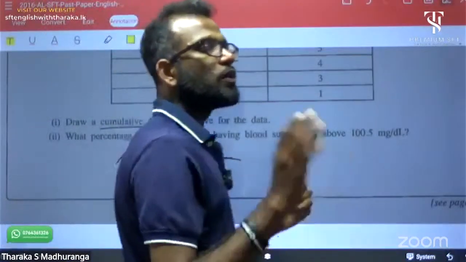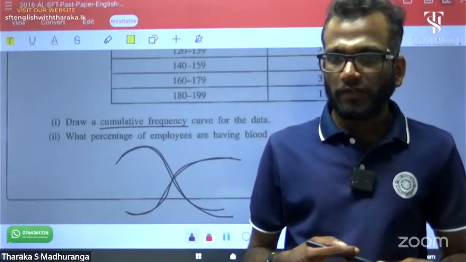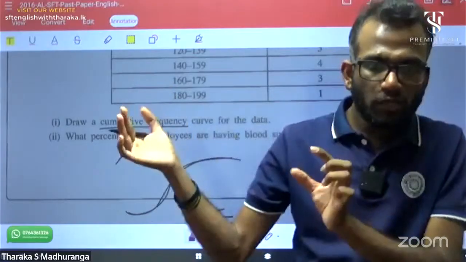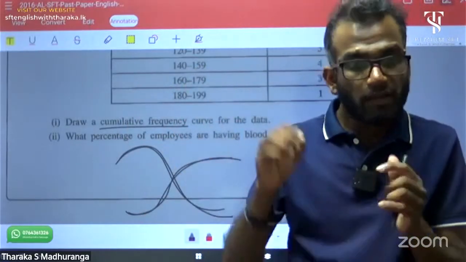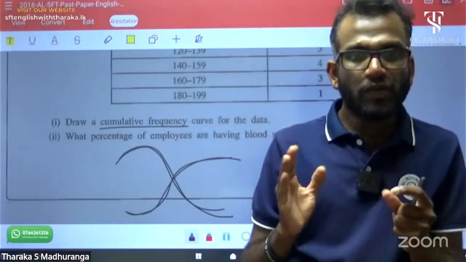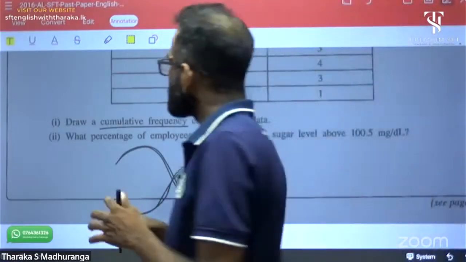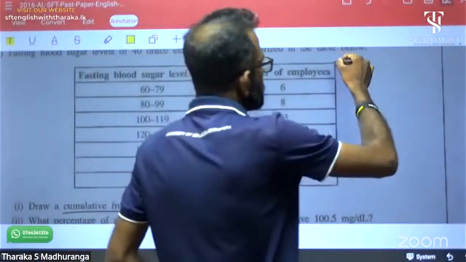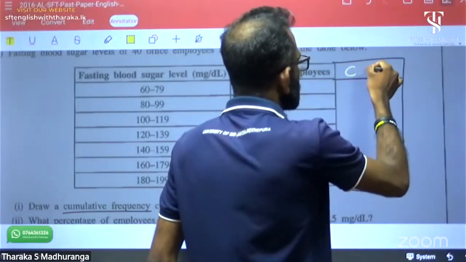Always you have to draw the less than cumulative frequency curve. If they only mention to draw the more than cumulative frequency curve, only then you draw the more than cumulative frequency curve. Understood? Okay. Less than cumulative frequency means just adding up the frequencies.